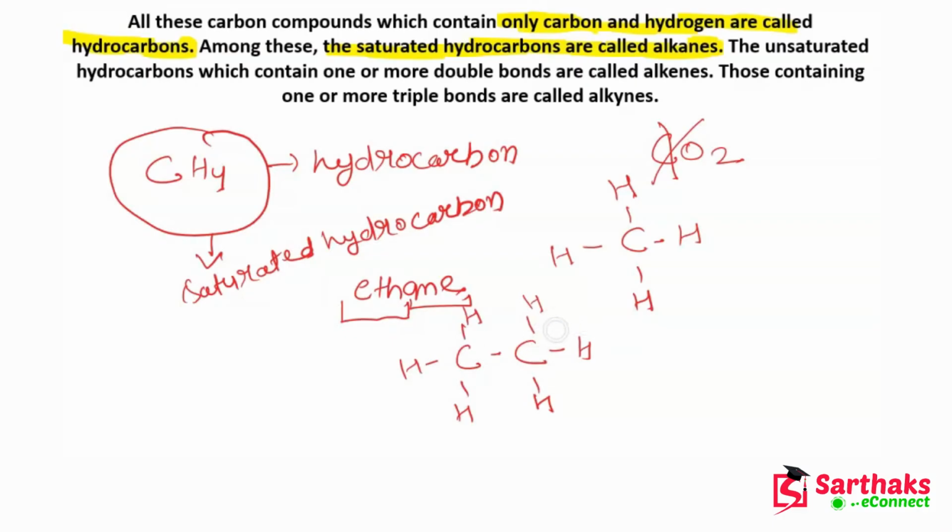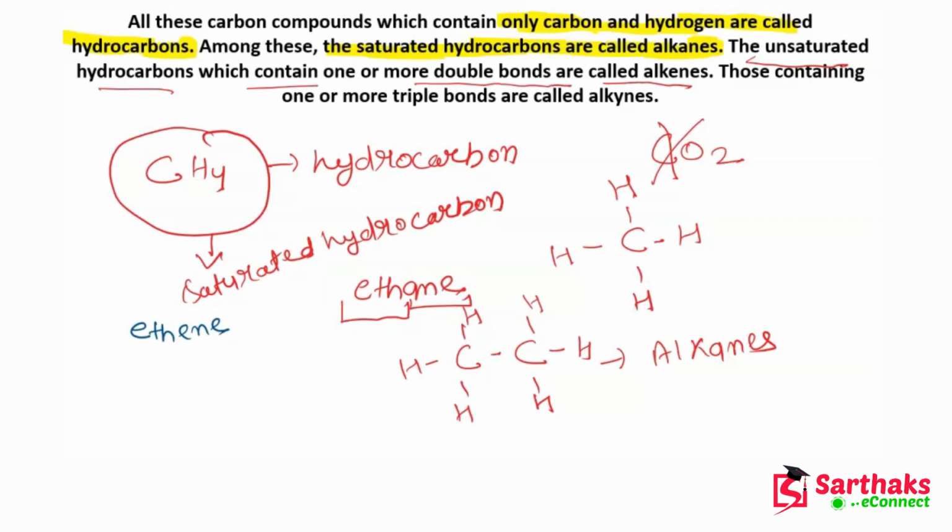Here also you can see there is no bond other than single bonds, so it will also be called an alkane. Now guys, let's talk about unsaturated hydrocarbons which contain one or more double bonds. These are known as alkenes. Let's suppose I'm taking an example of ethene.